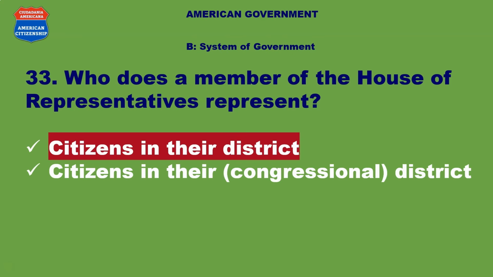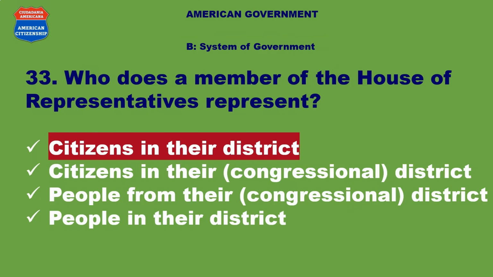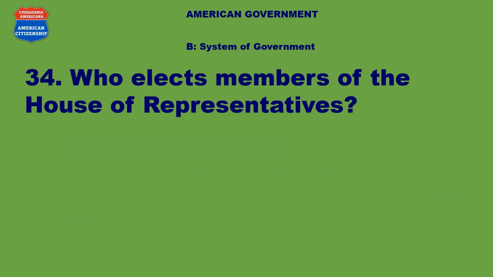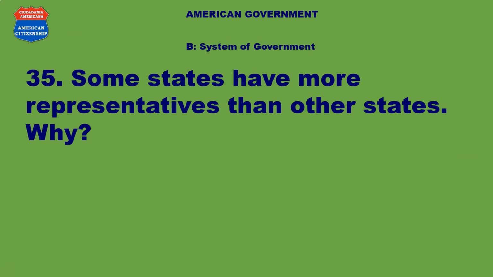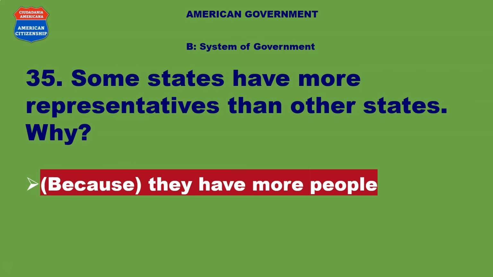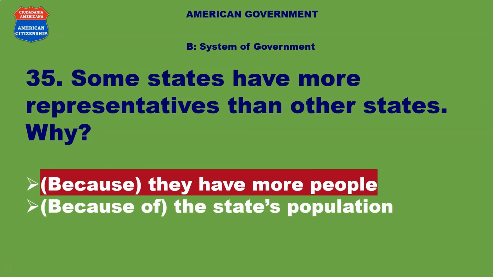Citizens in their district. Who elects members of the House of Representatives? Citizens from their congressional district. Some states have more representatives than other states. Why? Because they have more people.